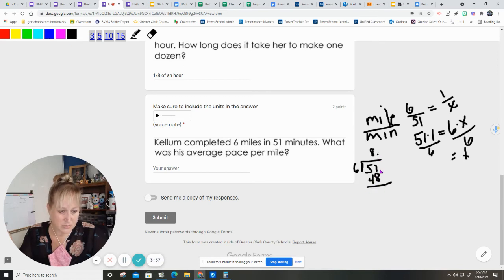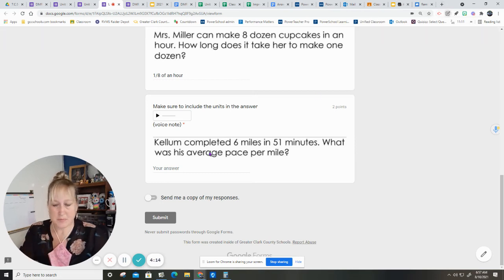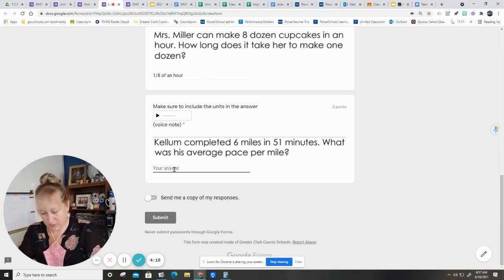Put my decimal. Okay, so 8.6. So his average pace per mile would be 8.6. We were figuring minutes per mile. So 8.6 minutes per mile.